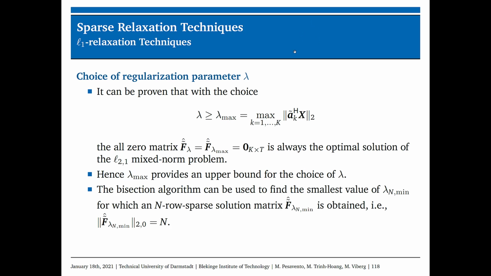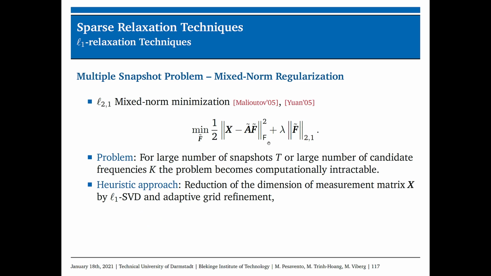Before we address the complexity issue, let us say a few words about the choice of the regularization parameter lambda. In the choice of the regularization parameter of the regularized least squares problem, we need to find a trade-off between the data matching performance and row sparsity of the solution.